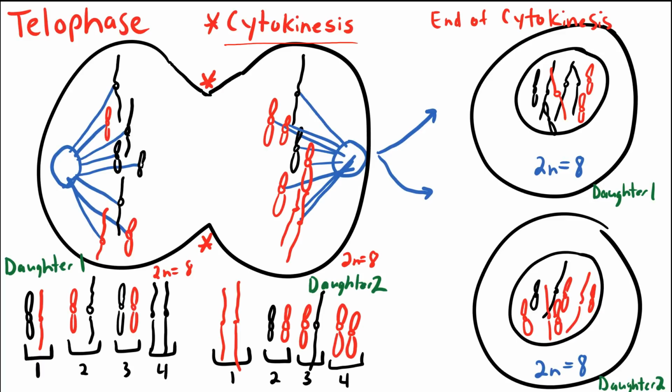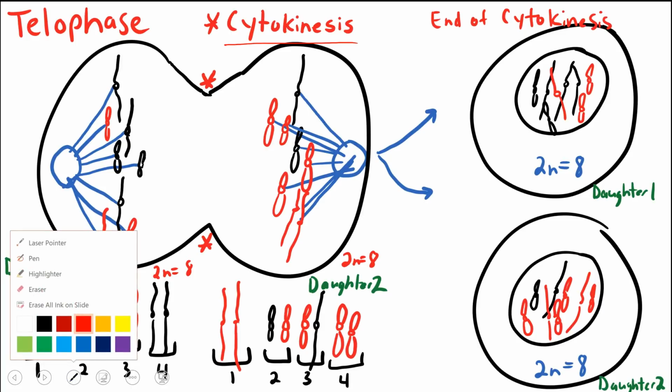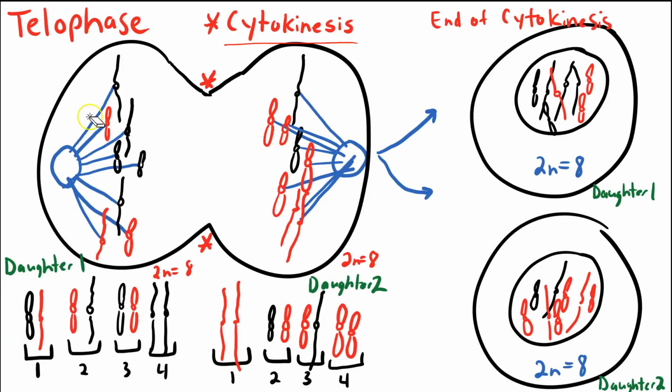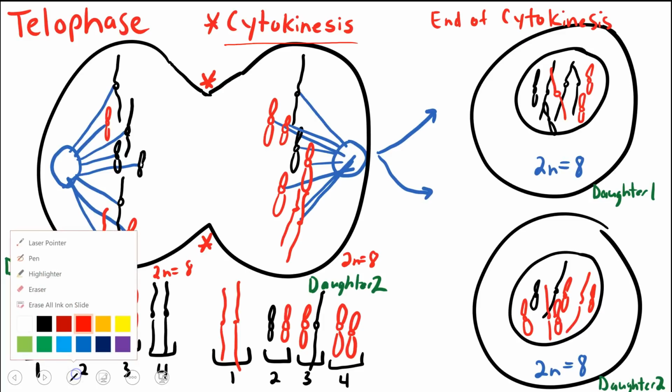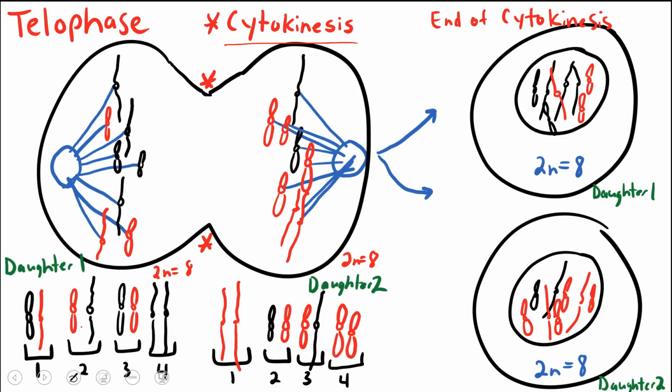But essentially what's going to happen here is the spindles, they need to be, the eraser is not working. The spindles need to be disconnected from the chromosomes. So basically this connection would be severed, okay? And essentially we need to put the nucleus back around our genetic material.